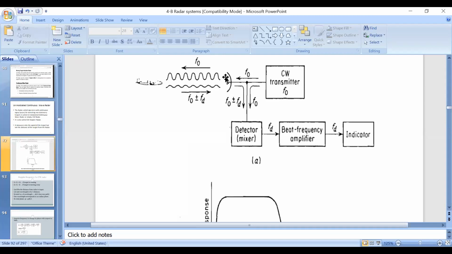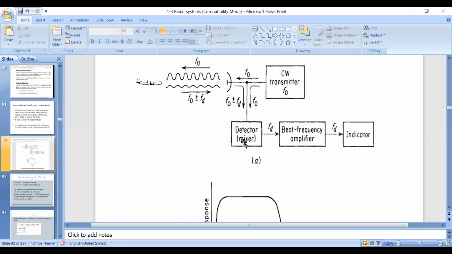So now this continuous wave signal, which has the frequency f naught, is transmitted by the transmitting antenna and it hits the moving target. The frequency f naught is shifted to f naught plus or minus fd. If it moves towards the radar system, it is f naught plus fd. If it moves away from the radar system, it is f naught minus fd. So now it is received by the receiving antenna and given to the receiver section.